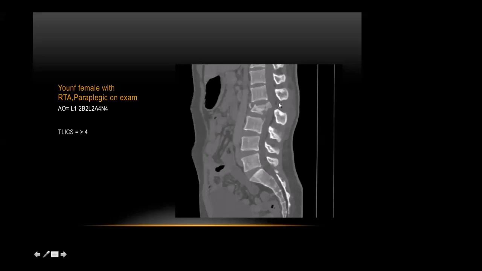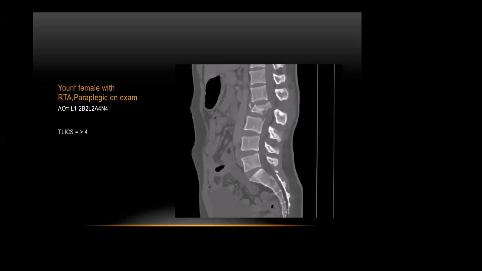Yes, sir. अच्छा, अब L1, अब L2, A भी है. अब they're talking about the vertebra itself. L2 level है जो कि vertebral body is fractured. And what kind of fracture it has? It has A4 fracture. A4. समझ आ गया?